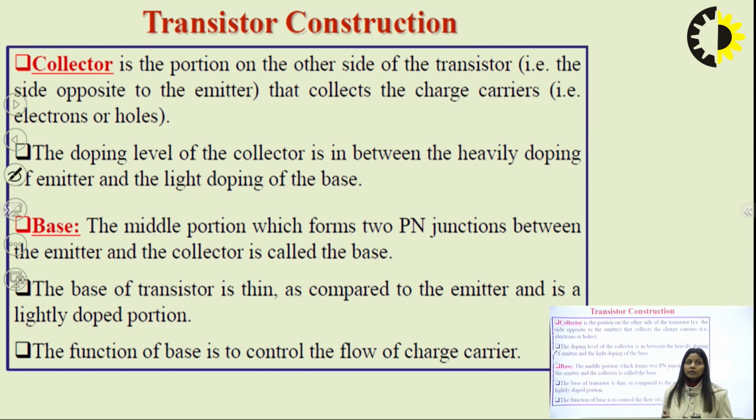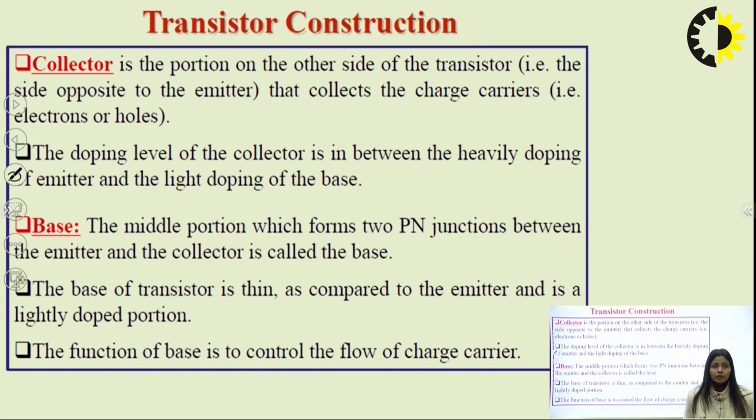Now coming to the base, the middle portion, which forms two p-n junctions. The base of the transistor is thin as compared to the emitter and is a lightly doped portion, right? It is the lightly doped mid region, maybe p, maybe n.